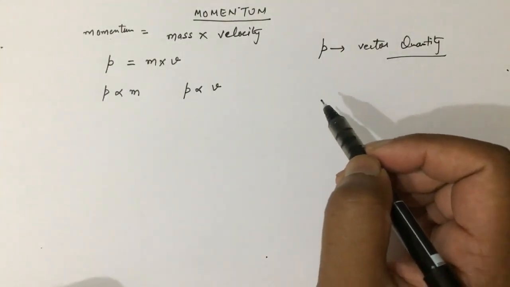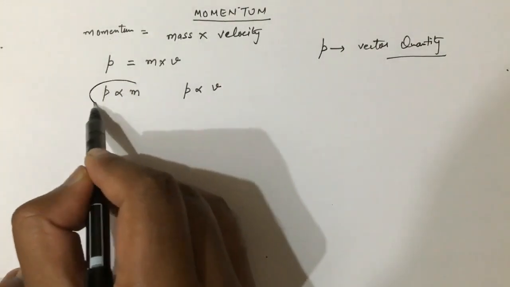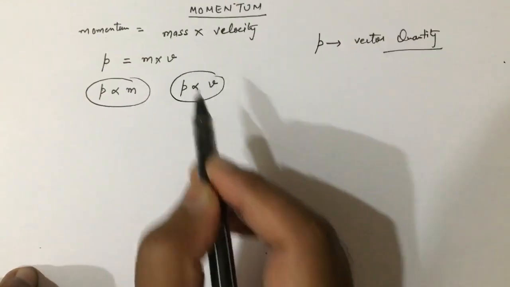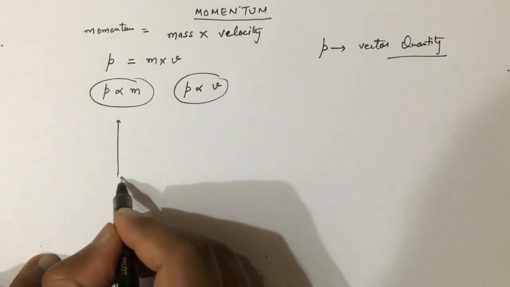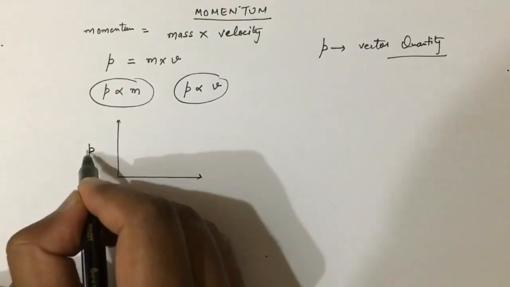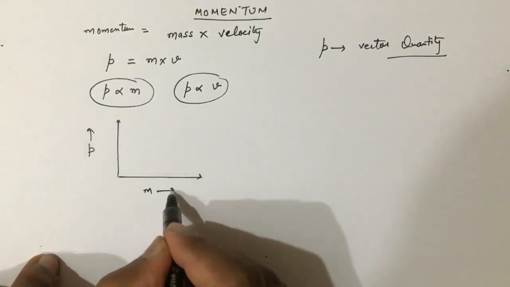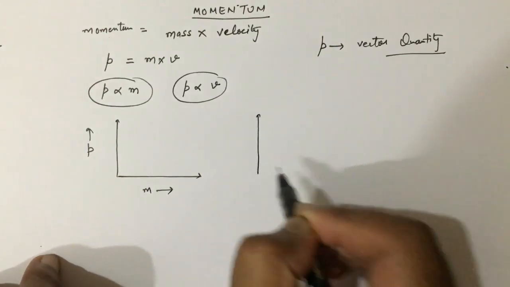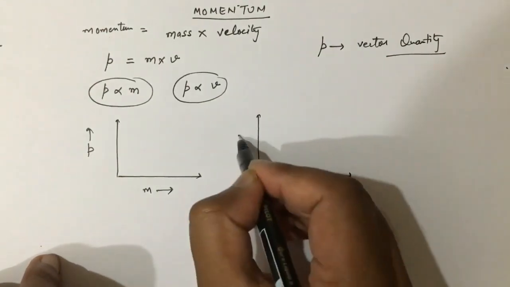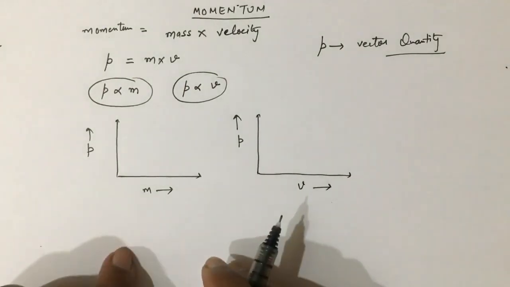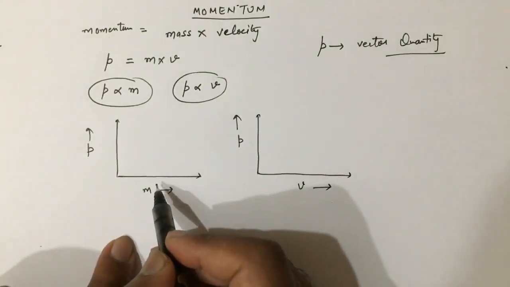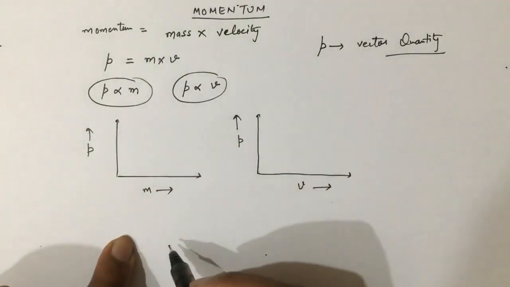Now using these two terms, if you want to plot a graph between momentum and mass, and momentum and velocity, in this graph we will keep the velocity constant.